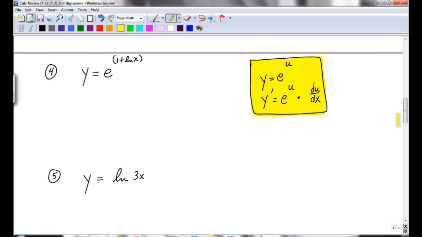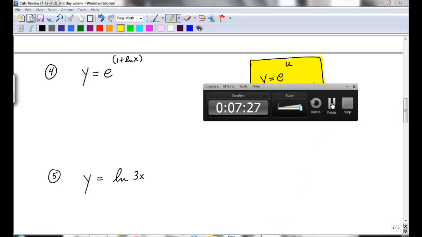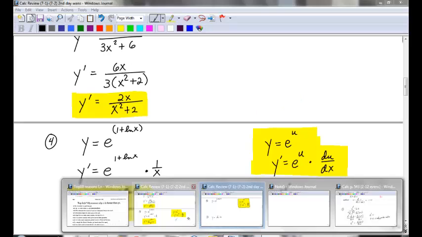Okay. Y equals the natural log of 3x. Okay, check answers.